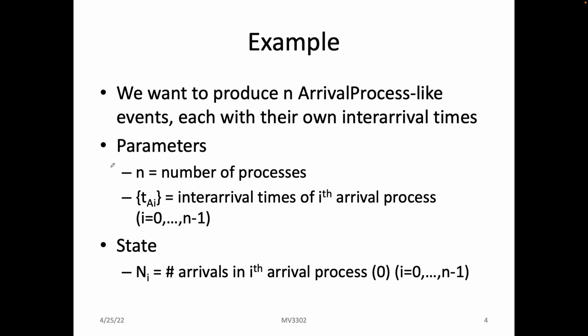So in this case, we have a certain number of these processes, and by process, I mean arrival-process-like things. Each one is going to need its own inter-arrival time, so T sub A I, not a capital I, which is something else, but a little i, is the inter-arrival time of the ith arrival process.